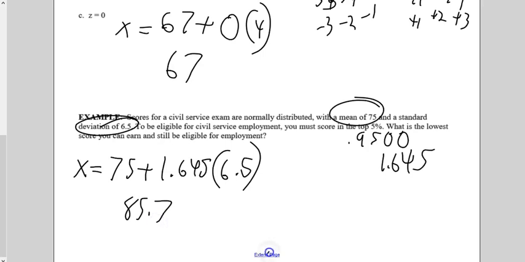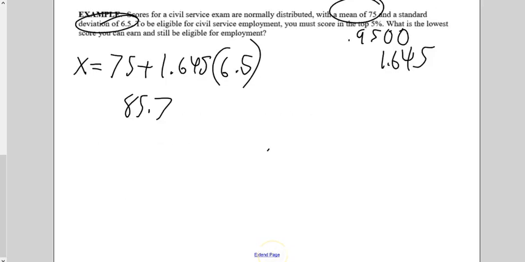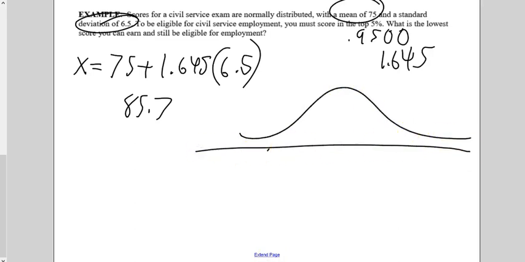Well, again, let's just draw a real quick sketch. All right? I'm just going to do the right side. So I have 75 right here. Then I'm going to have 81.5. And then I'm going to have 88. And then I'm going to have 94.5. Well, where would 85.7 be? Right about there.